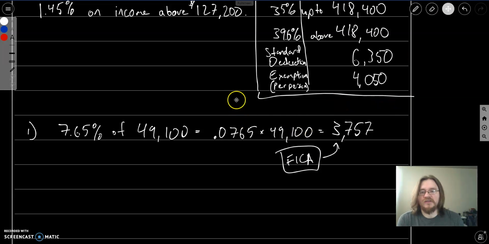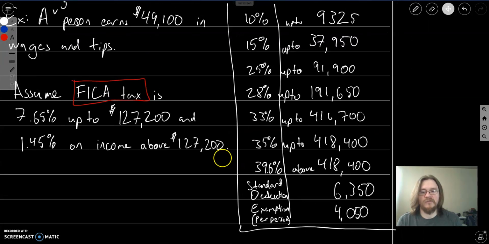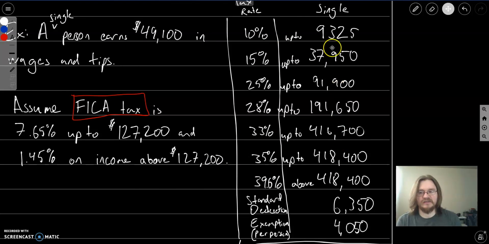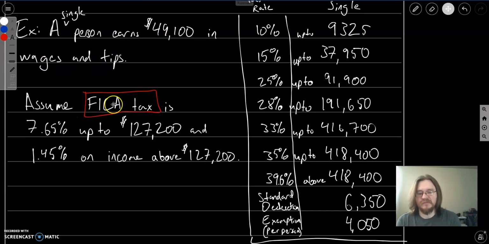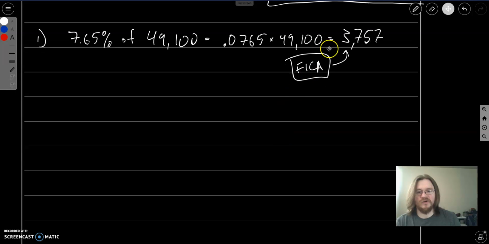And the rest of their tax is going to come from the income tax, where we'll have to work with the tax brackets. So even though they earned $49,100 in wages and tips, every person is still eligible for the deduction and the exemption.